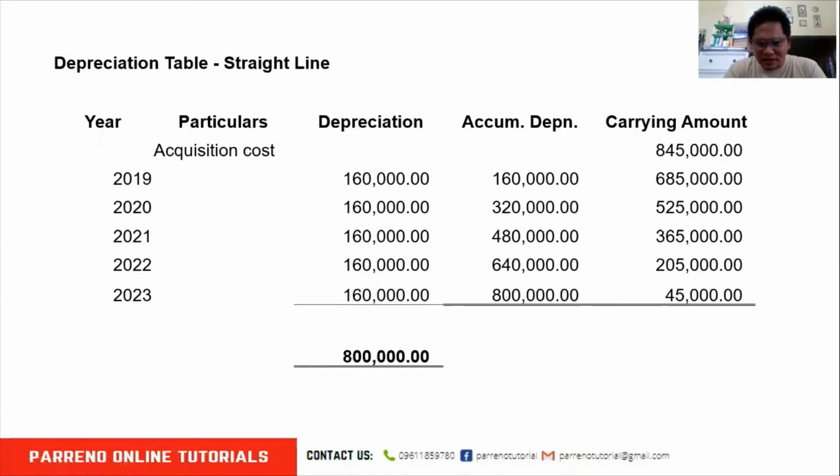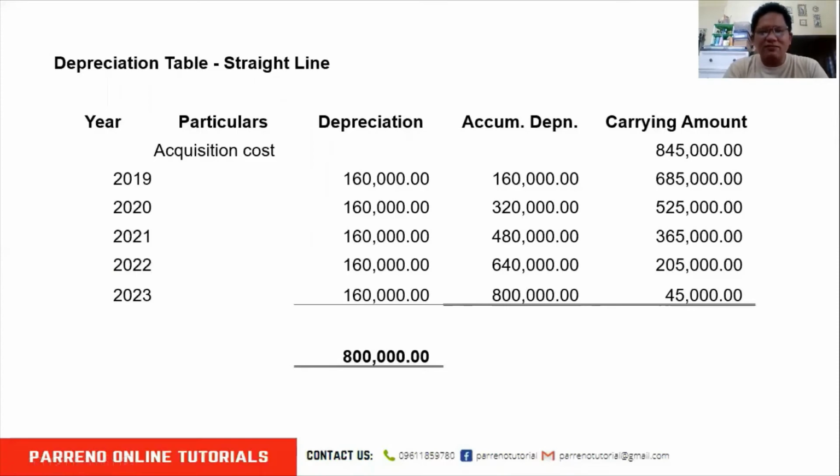It's a straight 160,000. So take note, we only allocate 800,000 over its useful life. That's the depreciable amount. Accumulated depreciation is the total depreciation per year. So year 1, 160. Year 2 is the total of these 2 years, 320. Year 3, 480, the total of these 3, and so on.